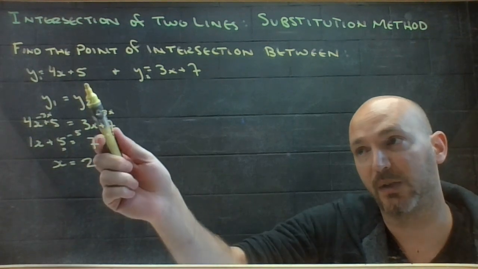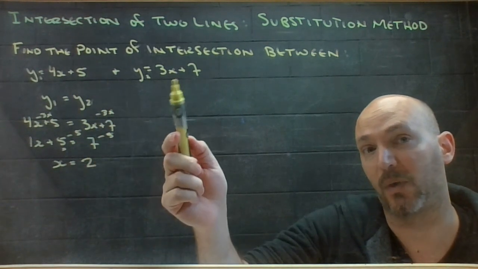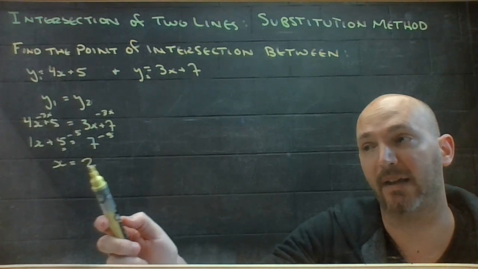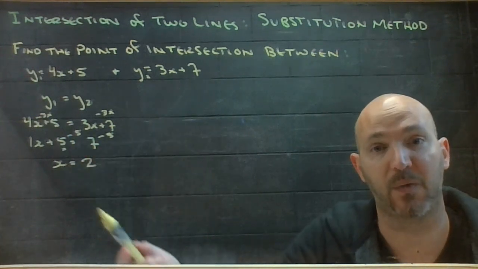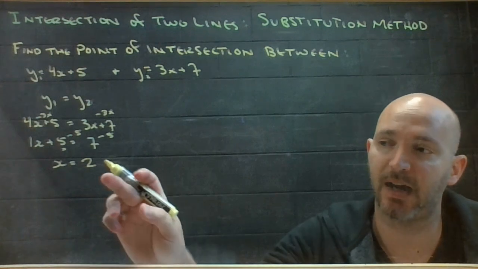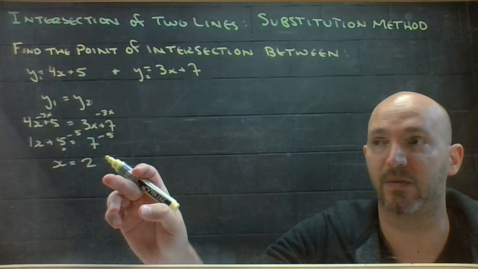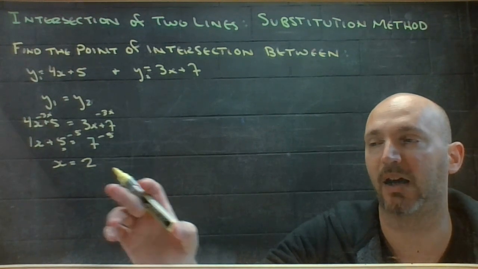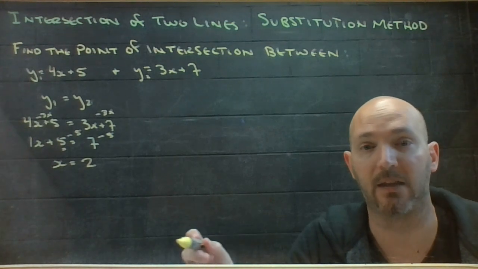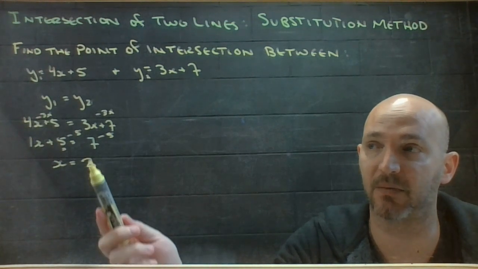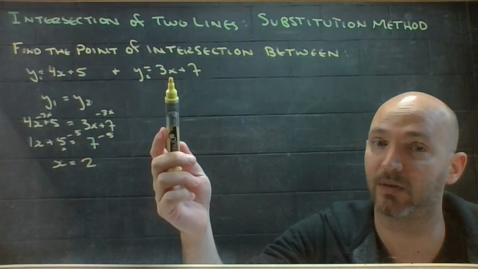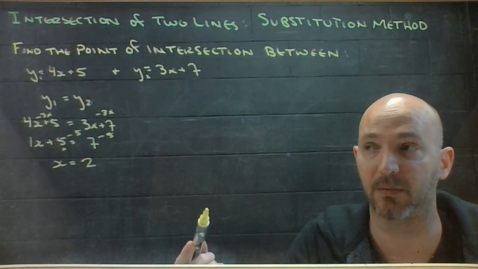So the y value of this line matches the y value of this line when x is 2 in both of them. So I have the x coordinate of the point of intersection then. I just need the y coordinate. And I can get that by feeding this number to either this line or this line. I should end up with the same number.